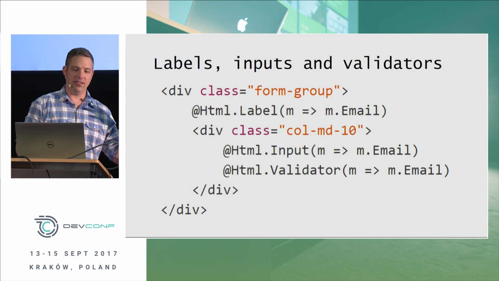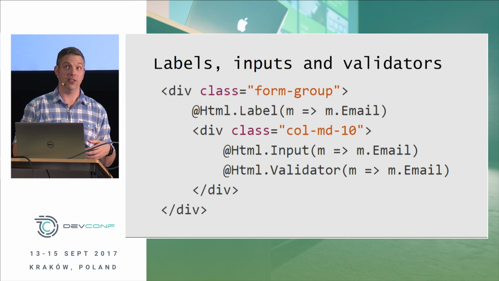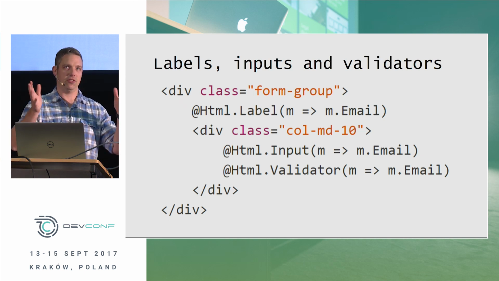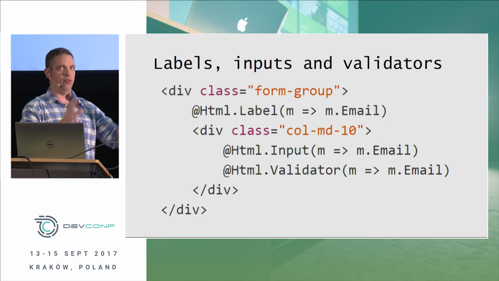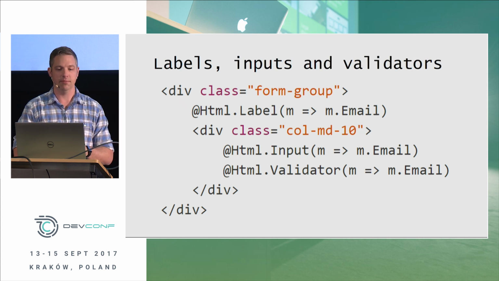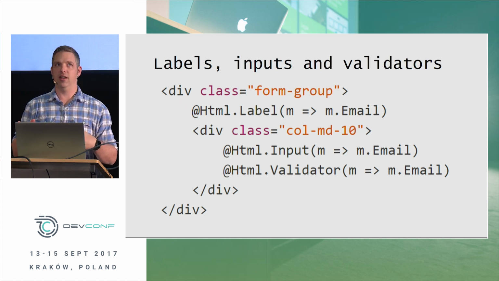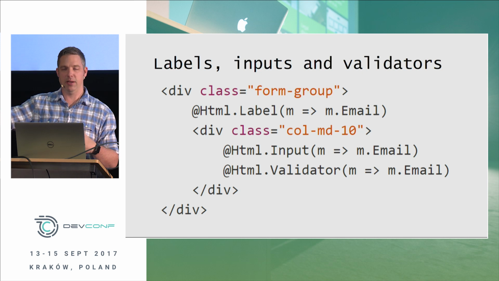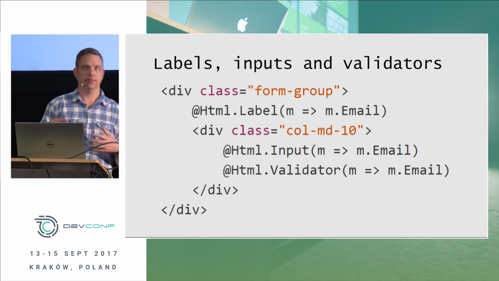Now, if I'm copying and pasting this over and over and over again, what I'd like to do is say, can I just establish a primitive that says build a form block for all these pieces? And just do that instead, as opposed to copying and pasting the same stupid code over and over again? Now, if I was using just raw ASP.NET MVC or MVC Core, what are the things I can use to try to do that?